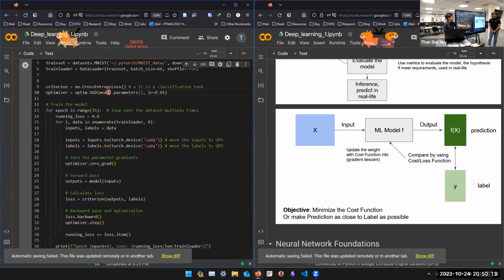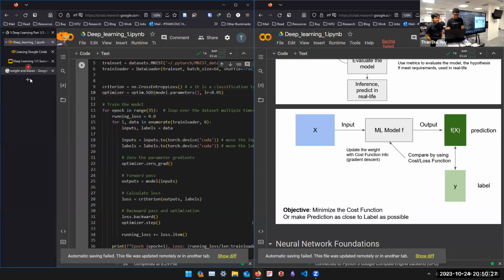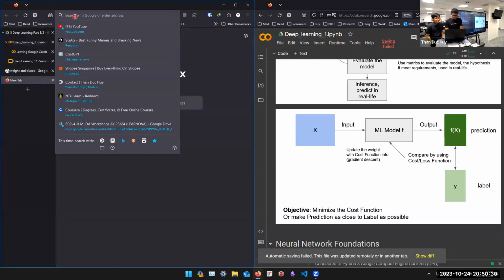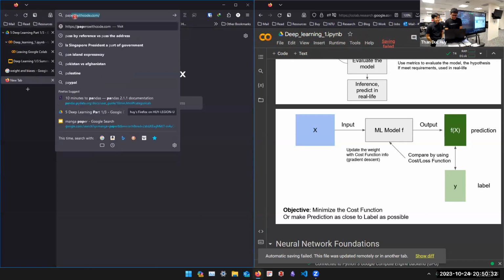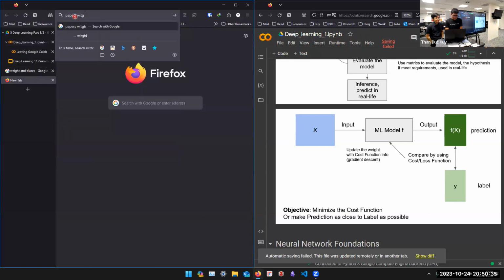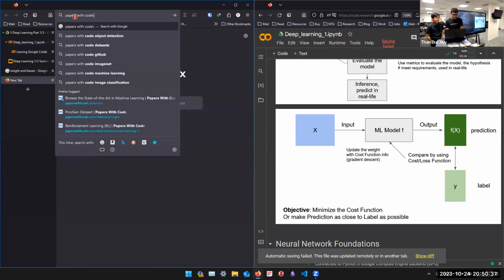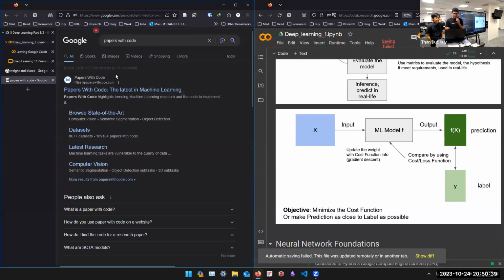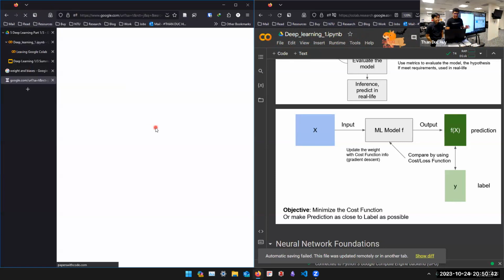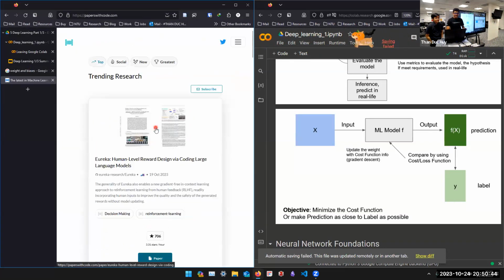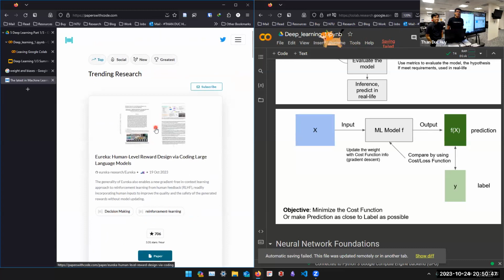Do you have anything else to add on? Should be it. If you want to jump into the sea and see how big things are, there is a website that lists all the newest papers and all the best papers.